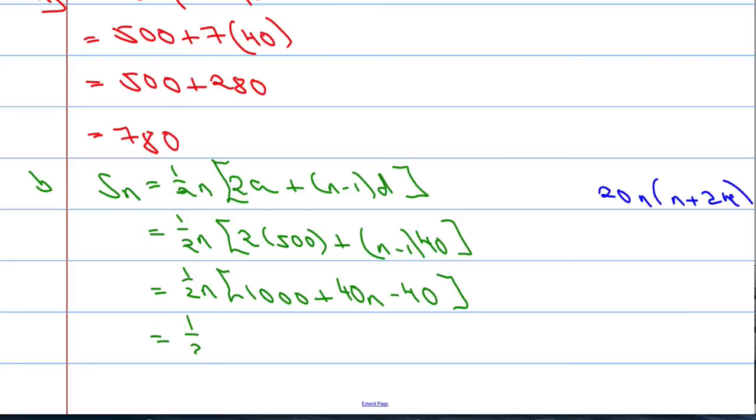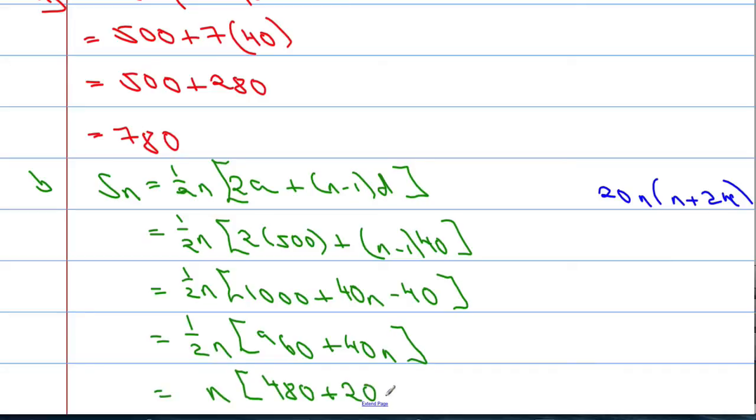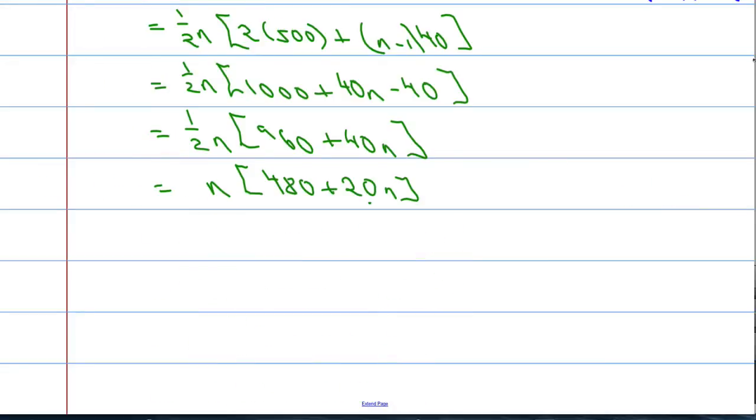Okay, so we still have a half n times, and then tidying this up, 1,000 take away 40 is 960 plus 40n. I can multiply that half in, so multiplying everything by a half. Half of 960 is 480 plus 20n. And then finally, the very last stage is to see if there's a common factor of this expression here.